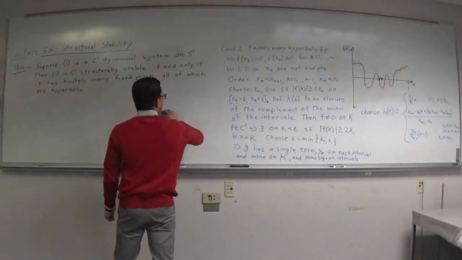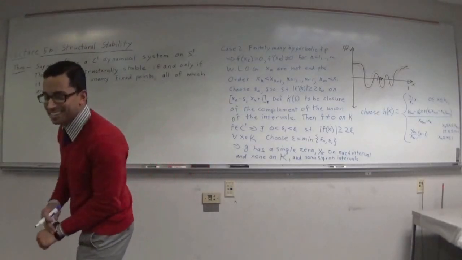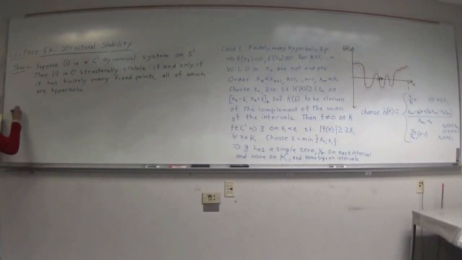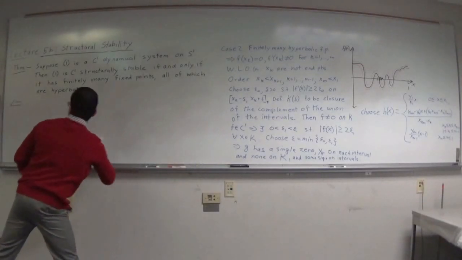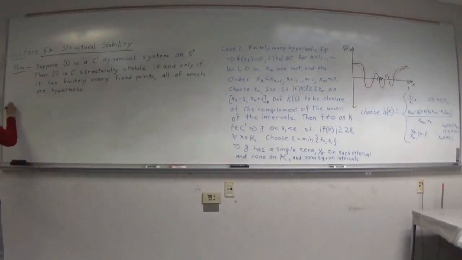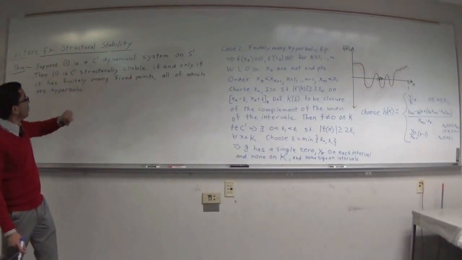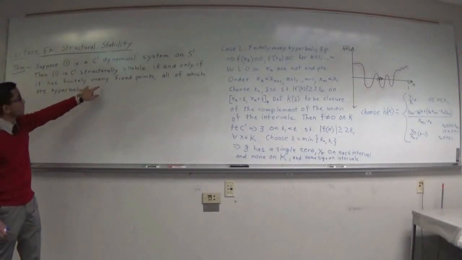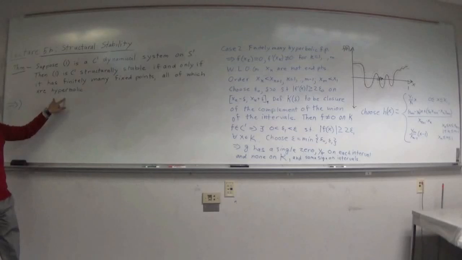So this will probably be the longest proof we'll see in this course. Here's the last portion. This is going the other way, actually. We're assuming that it is structurally stable, and we want to show that it has to have finitely many fixed points, all of which are hyperbolic.